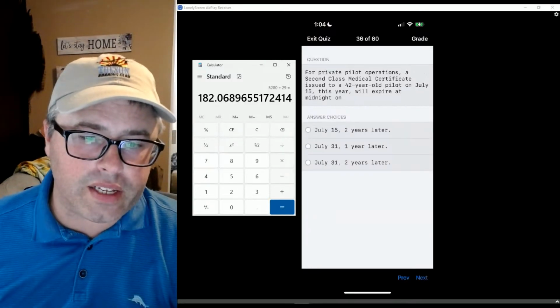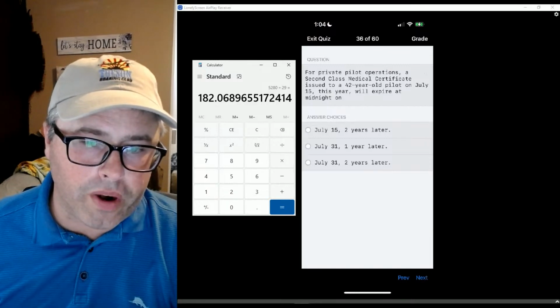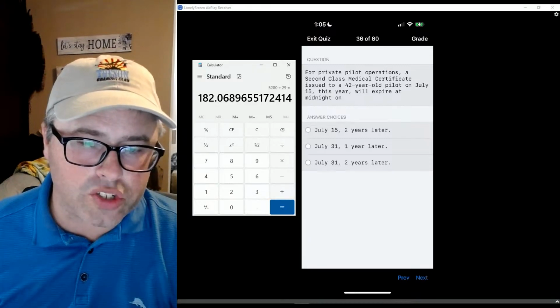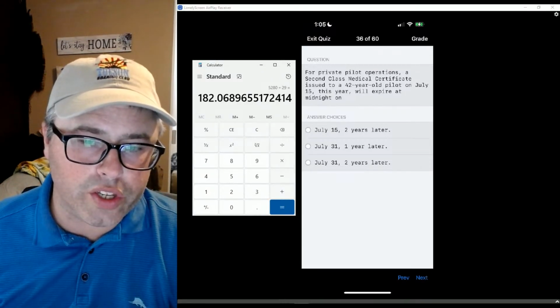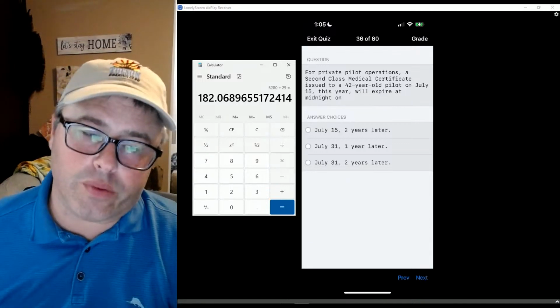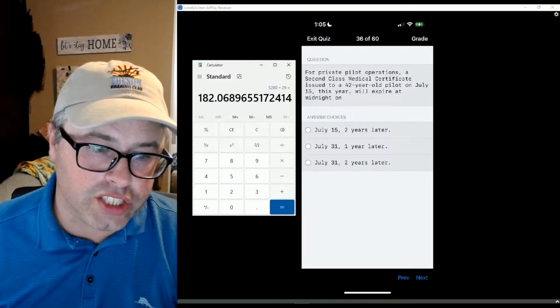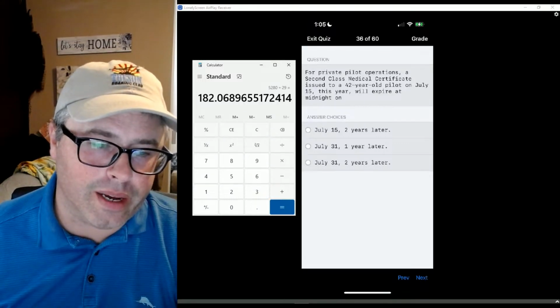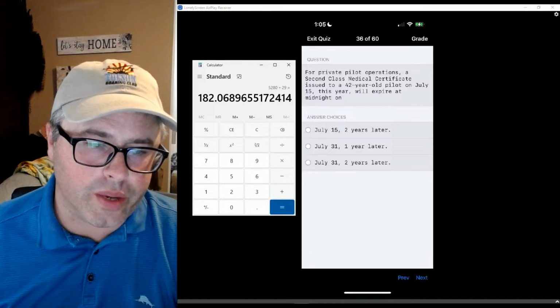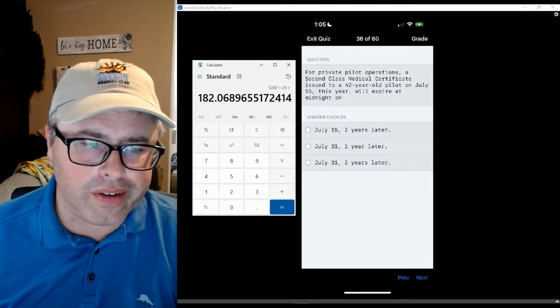For private pilot operations, a second class medical certificate issued to a 42-year-old pilot on July 15th this year will expire at. This is one of the unfortunate parts of the knowledge tests for gliders. You say, well, you don't need a medical certificate.